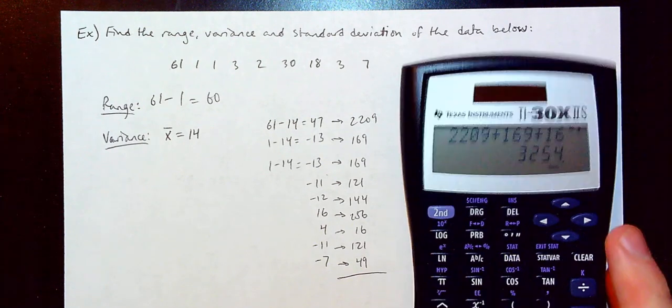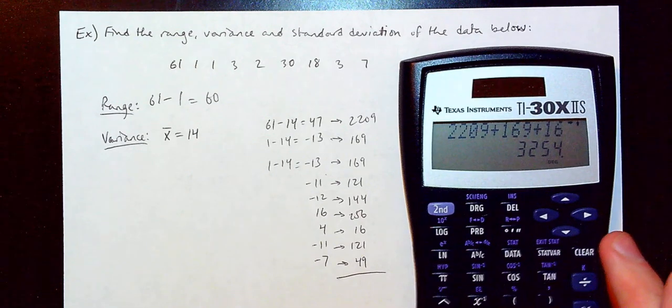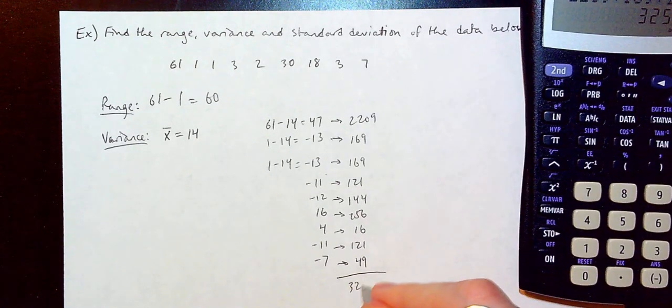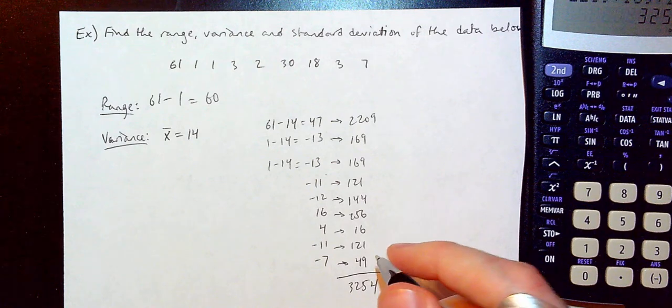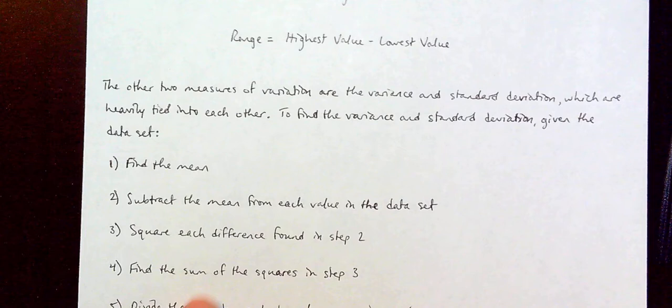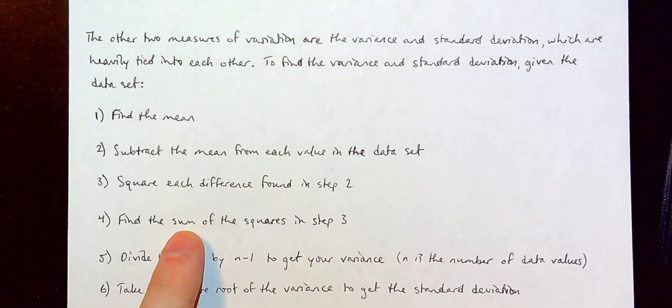And this sum is 3,254. This is step 4 now that we've been through in our 6-step process.